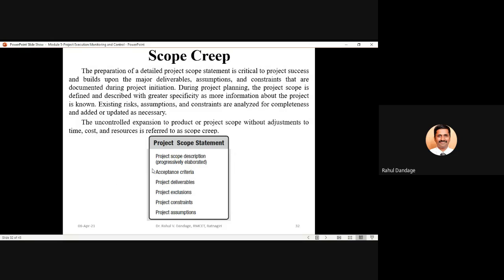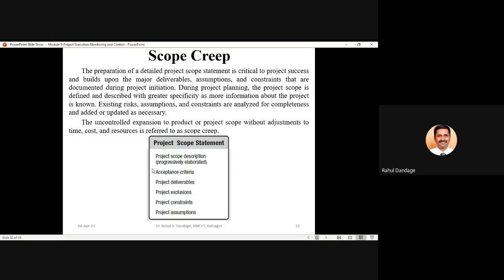So the preparation of the project scope statement itself is a very critical activity for any project's success. Because if the project scope statement is not prepared very thoroughly with extreme care, then the project success will be in danger.